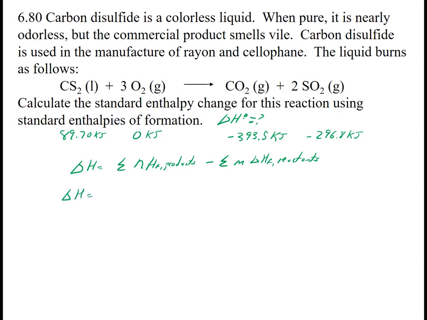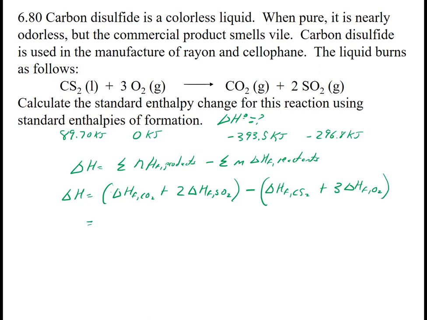I have one carbon dioxide, so in parentheses it's going to be the delta H of formation for CO2, plus I have 2 sulfur dioxide, so it's going to be 2 times the delta H of formation of SO2. That's my only 2 products, so I close parentheses, minus, I have 1 carbon disulfide, so it's going to be 1 times the delta H of formation of CS2, plus I have 3 oxygens, so it's going to be 3 times the delta H of formation of O2.